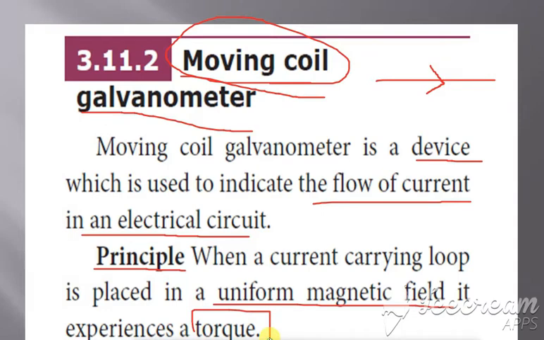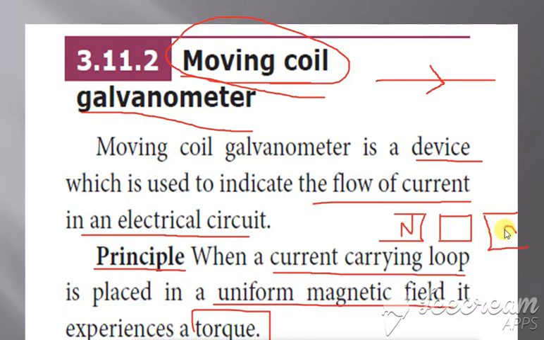So what we are going to do is place a current carrying loop. Suppose this is a current carrying loop and it is placed near the magnetic field. Between this magnetic field you place the current carrying loop, and it experiences a torque.